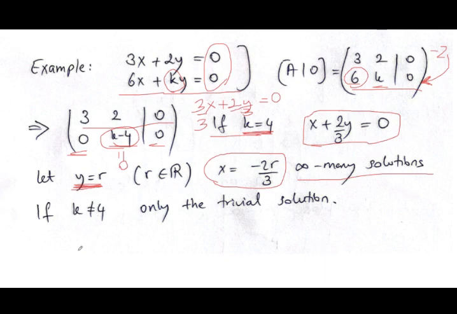And if k is not equal to 4, then we will have only the trivial solution, because if k is not equal to 4, this will give us a contradiction here, so we cannot get any solution from here. But because it's a homogeneous system, I will have only the trivial solution in the case if k is not equal to 4.